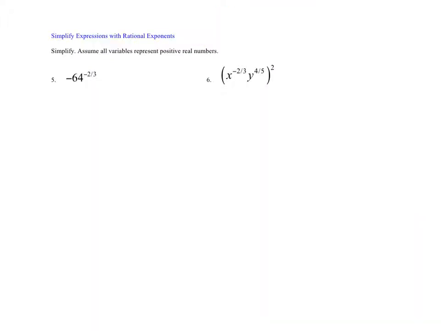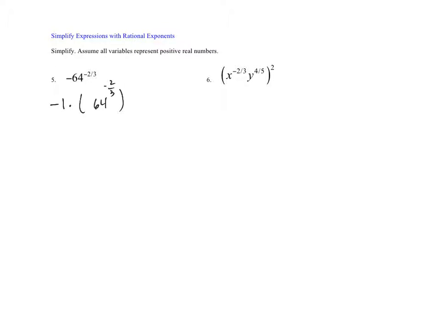All right, now let's put in some negative rational exponents. For this problem, really this is -1 times 64 to the -2/3 power, because the only thing being touched by that exponent is the 64. It's the opposite of 64 to that power.